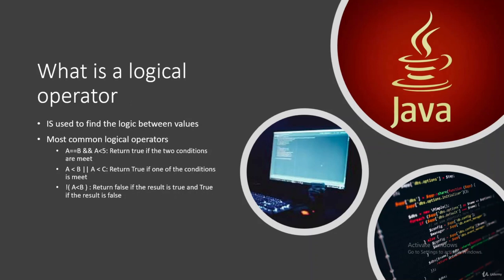The next type of operator that we are going to use is the logical operator. It's used to find the logic between values. You can put together comparison operators as well as logical operators. Here is an example right there.